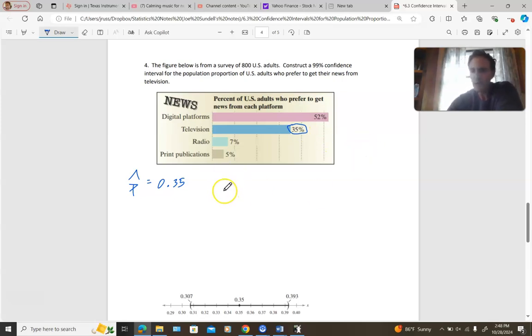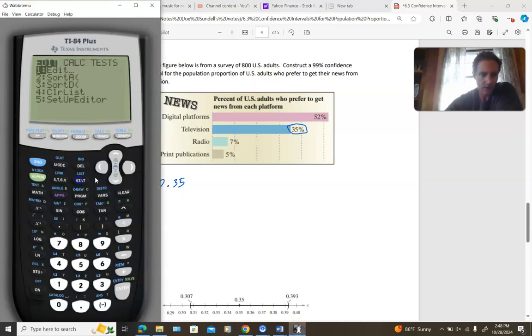So I'm going to use the calculator to find the confidence interval. Now, you'll notice when I come in here, it asks for X. There's not a place for p hat, because the calculator typically just calculates p hat.